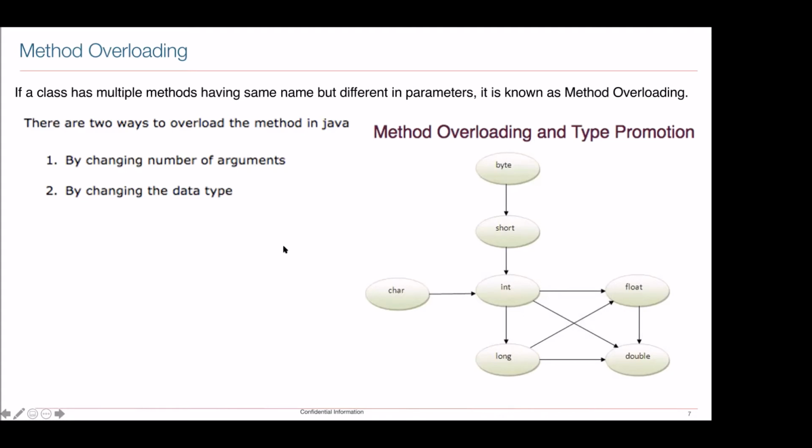Now, when we say we are going to do method overloading, there are two ways of doing that. One is by changing the number of arguments and the other by changing the data type. Each method has a method signature, and that method signature is unique for that method.